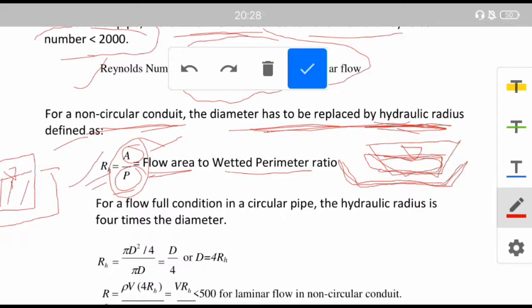So for a non-circular conduit, we use the hydraulic radius A upon P, the flow area to wetted perimeter ratio, in place of the diameter of a circular conduit.